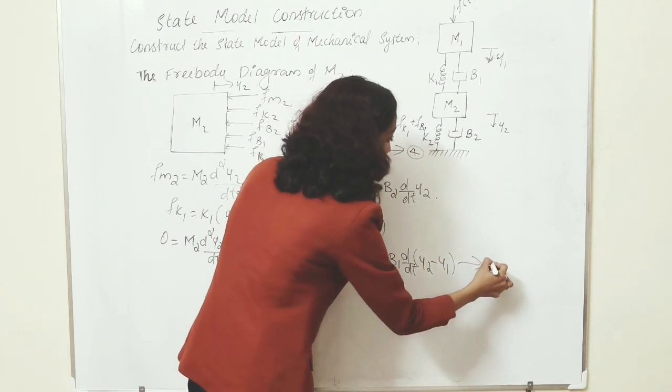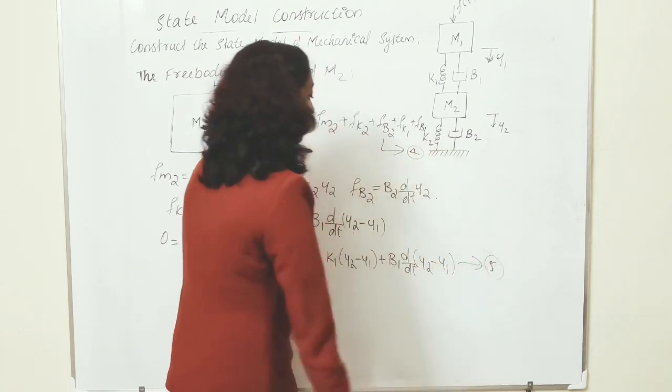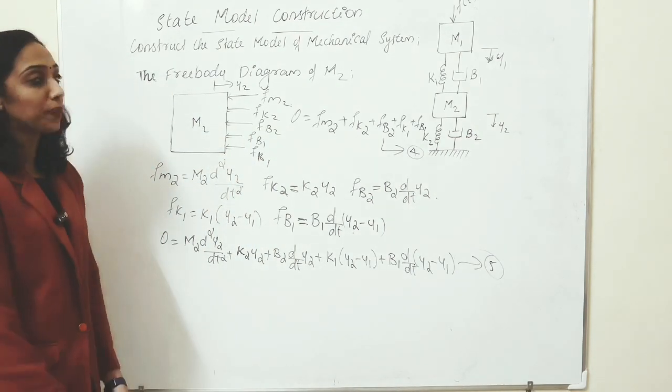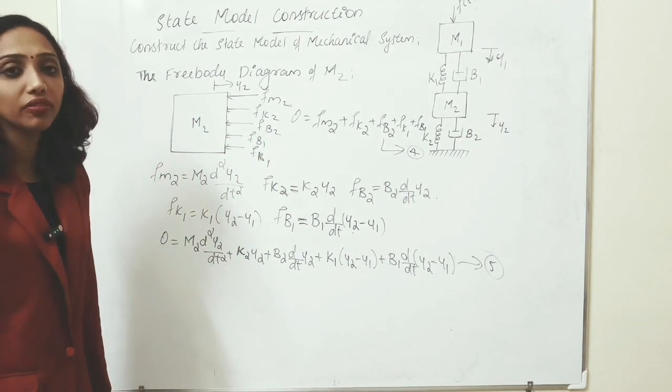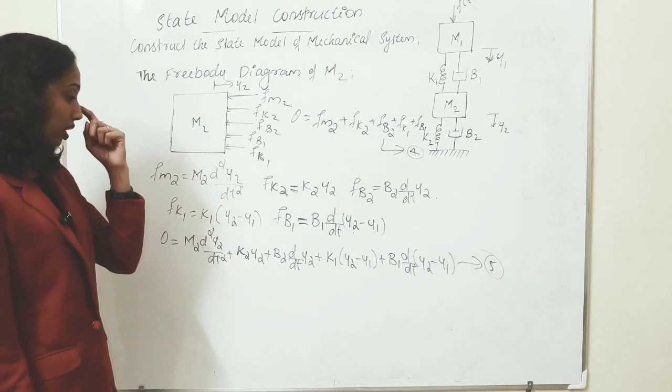This should be our equation number 5. This is the differential equation governing the second free body component.